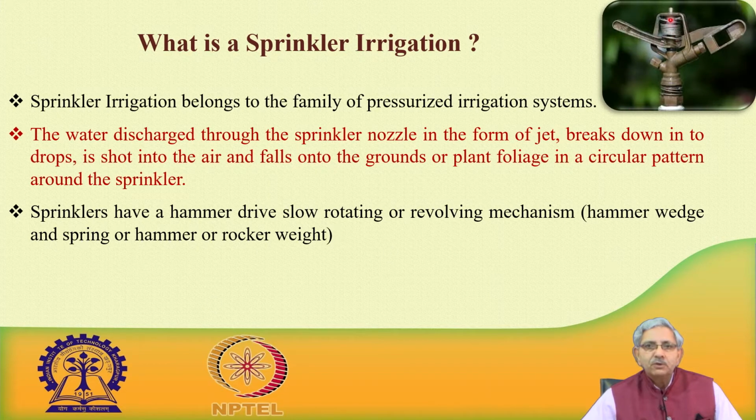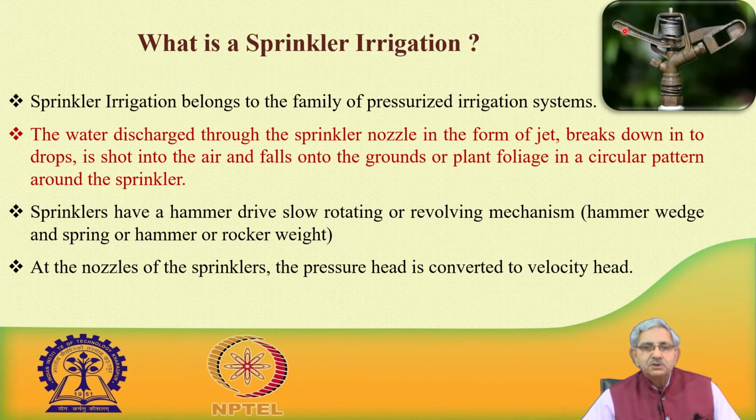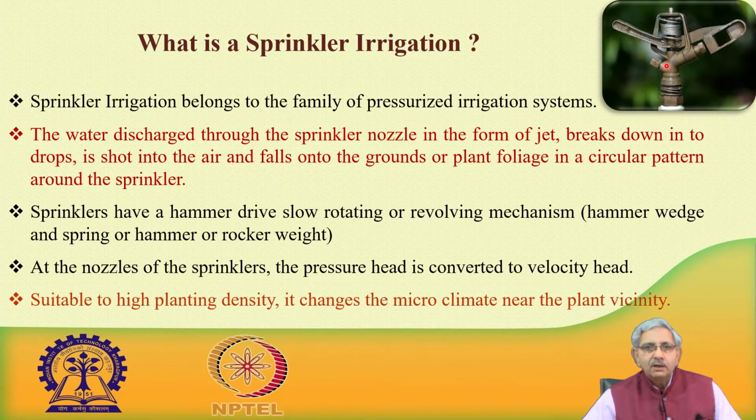This is the spring loaded arm, where there is a rocker weight which tries to balance the pressure coming from the water. At the nozzle, the water coming with pressure has its pressure head converted to velocity head.